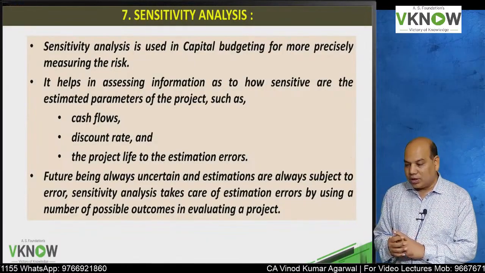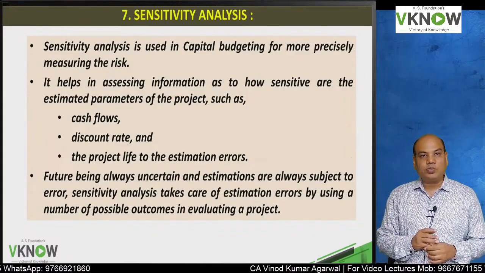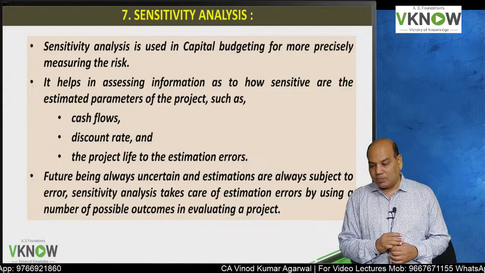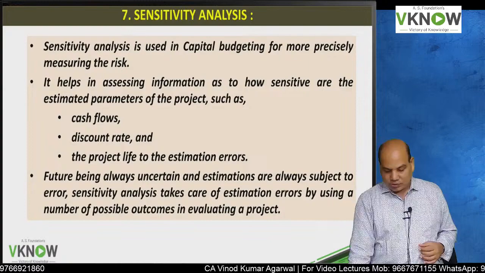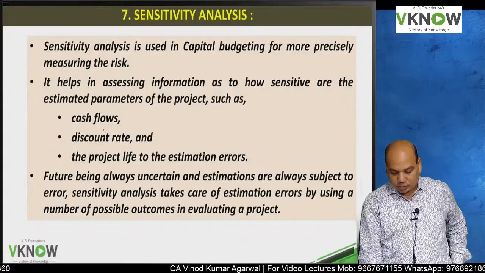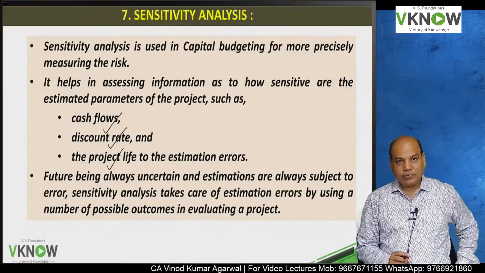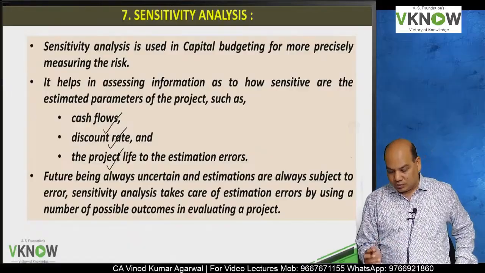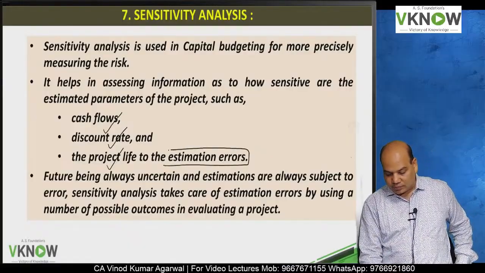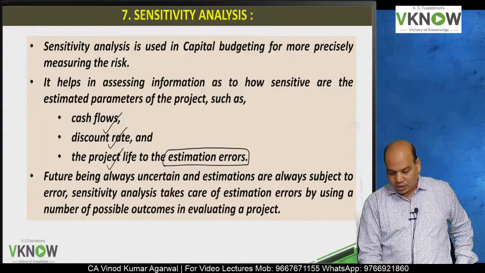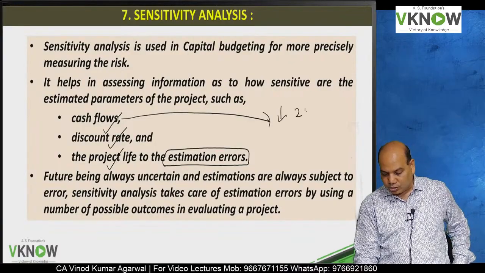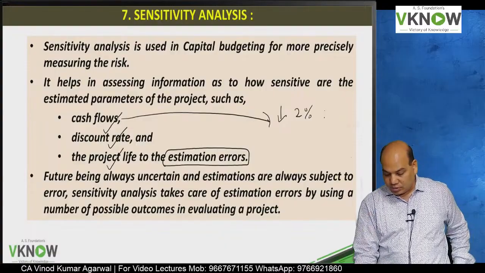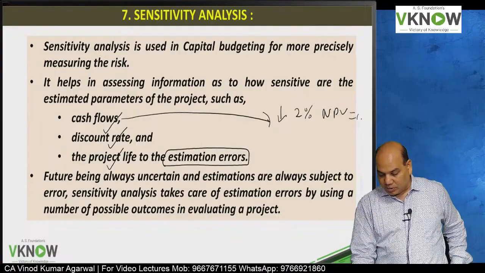Okay, it helps in assessing information as to how sensitive the estimated parameters of the project are, such as cash flow, discount rate, project life. These are all my estimated numbers, because once I start the project, the actual outcome can be different due to estimation error. Suppose if cash flow decreases by 2%, NPV becomes 0.